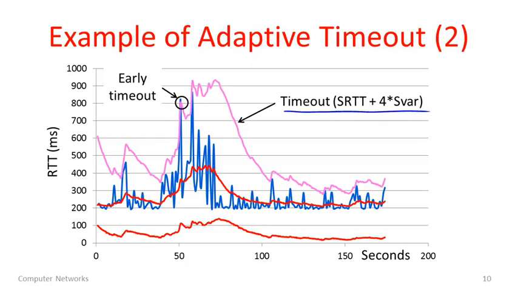You can see that on the whole, this stays above the blue curve, but it comes down and lowers itself so that at times when the blue curve jumps up, it's really not that much higher than the blue curve, so it's fairly tight. Yet it shoots up fairly rapidly at a time when the round trip times seem to be climbing. Now it looks like just very occasionally our predictor could actually be a little low. If that's the case, we would end up doing an early timeout. However, that's pretty rare.